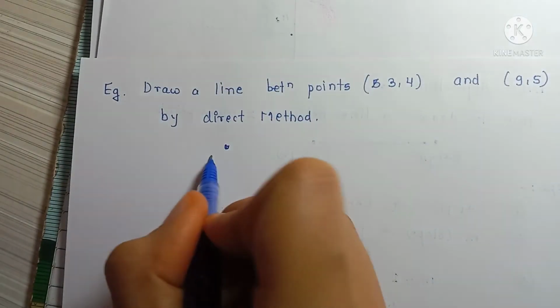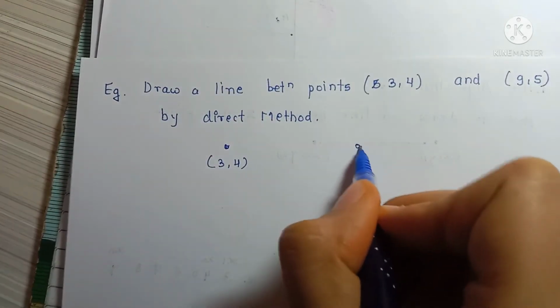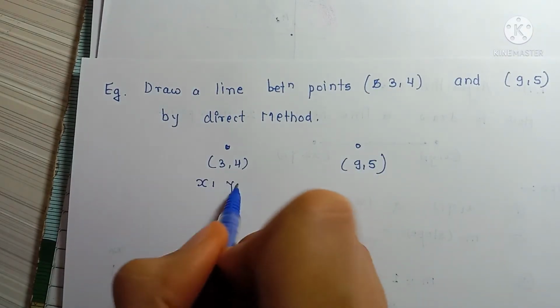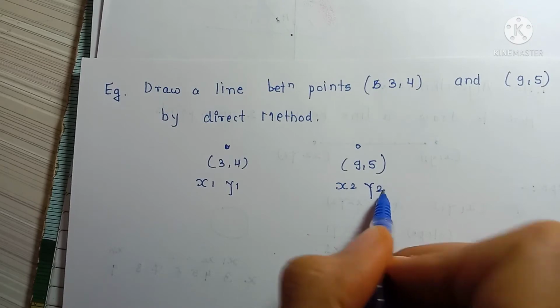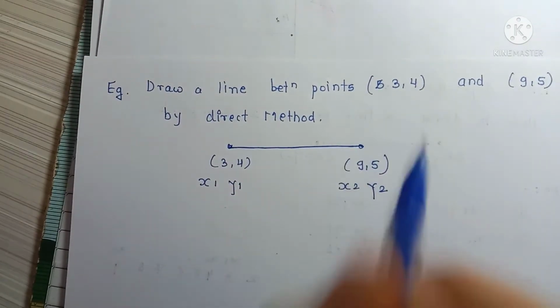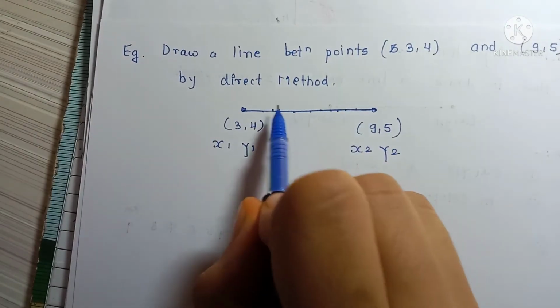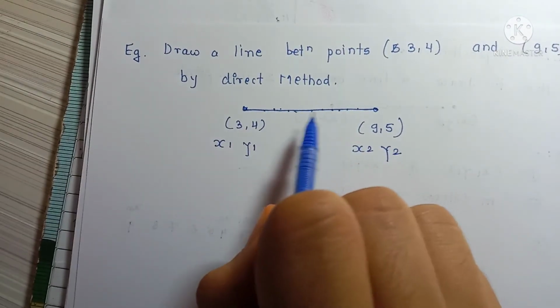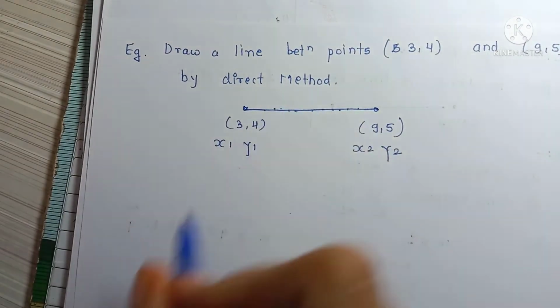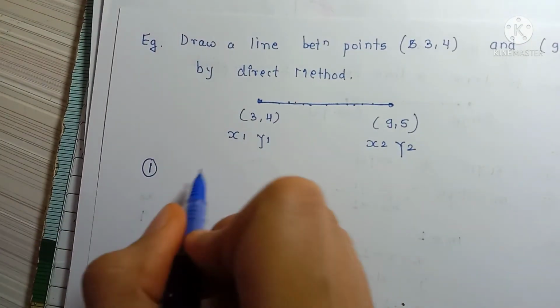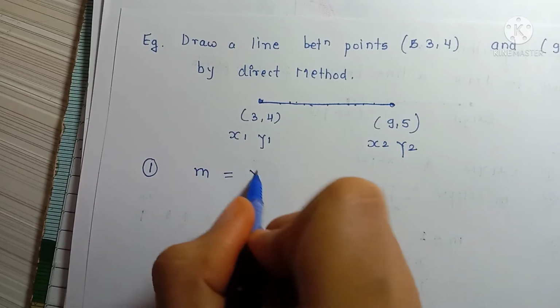These two are the points: 3, 4 is x1, y1 and 9, 5 is x2, y2. We have to draw a line between these 2 points. So we should know what x is and what y is. First step is x1, y1, we plotted them. Second is to calculate the slope.